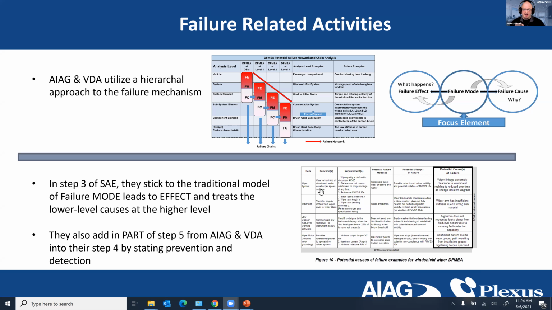The failure chain reads like the failure cause results in the failure mode, which is felt in the failure effect. Let me clear this out and do a little bit of live draw with you here, because I don't want to death by PowerPoint you. I'm going to stop my share for just a moment, because there is a subtle difference in the concept and the way the failure chain is portrayed. Okay.